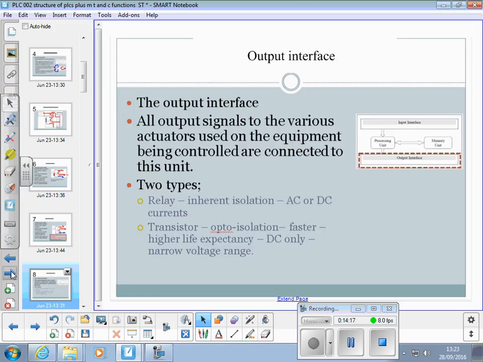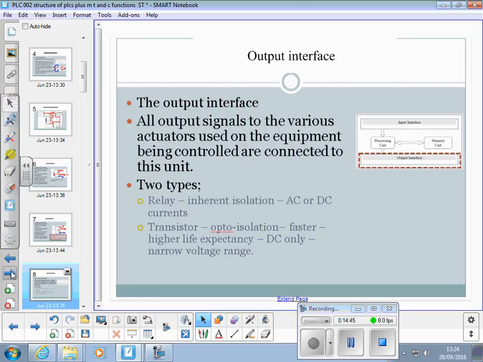Their disadvantages: they have a mechanical life expectancy, because they're a mechanical operation with moving parts, they can wear out mechanically. Secondly, they aren't as fast as transistor outputs in operation. On the next slide, we'll look at the differences in speed. So they're slower and they wear out mechanically, but they're cheap.